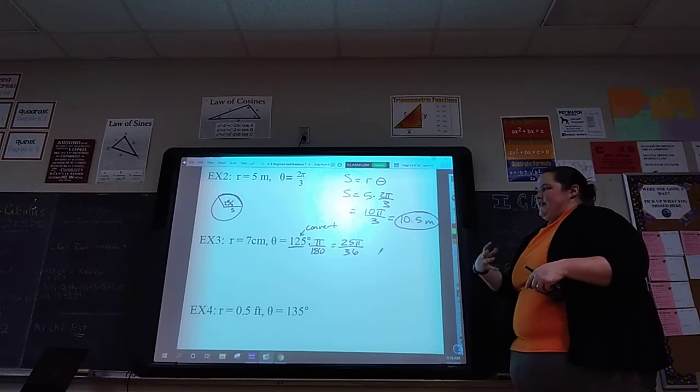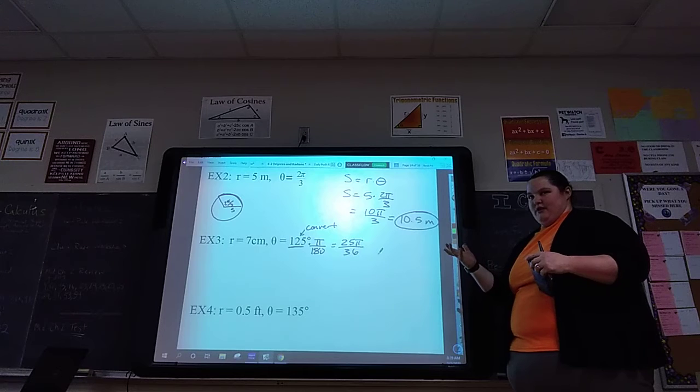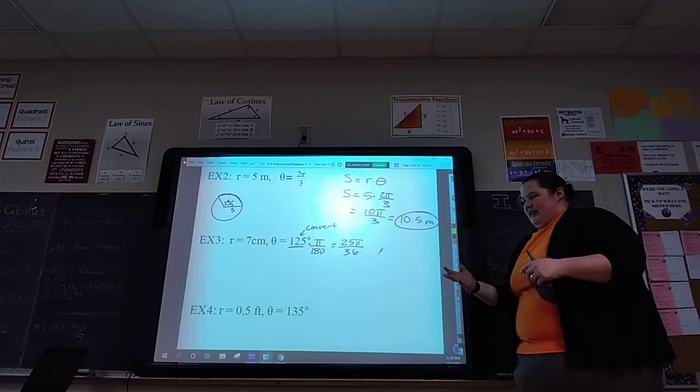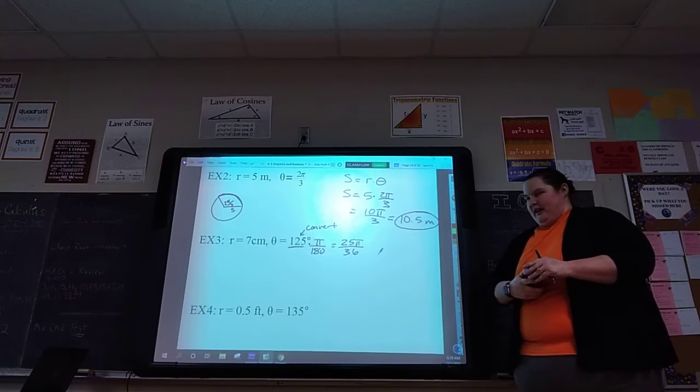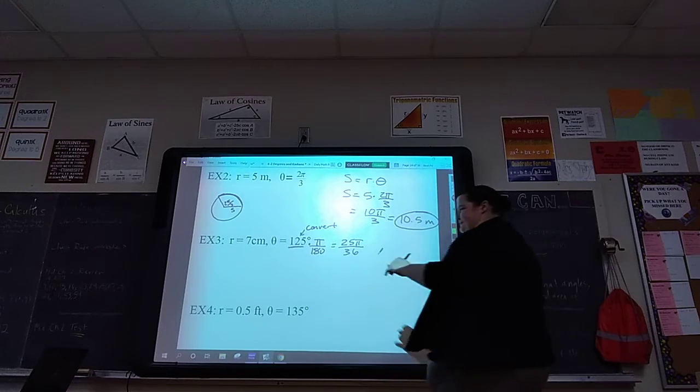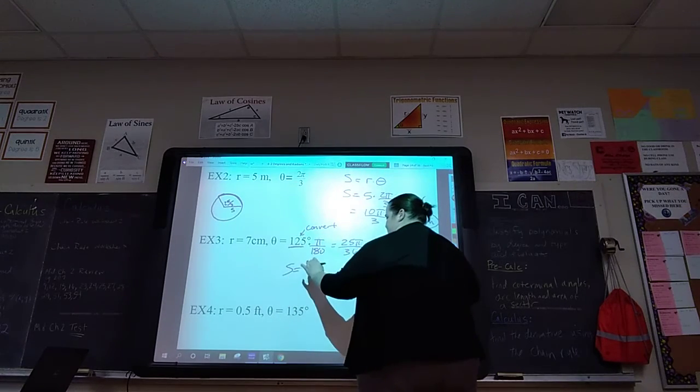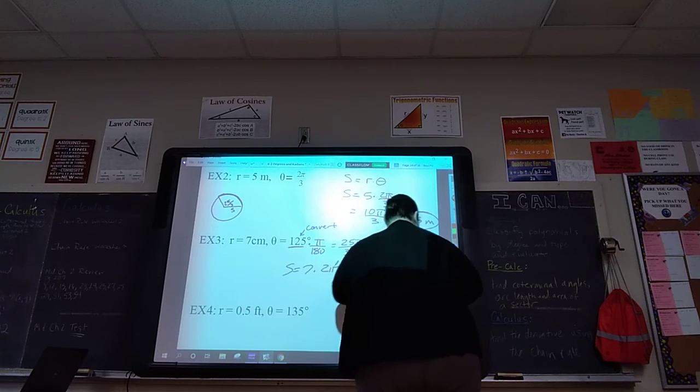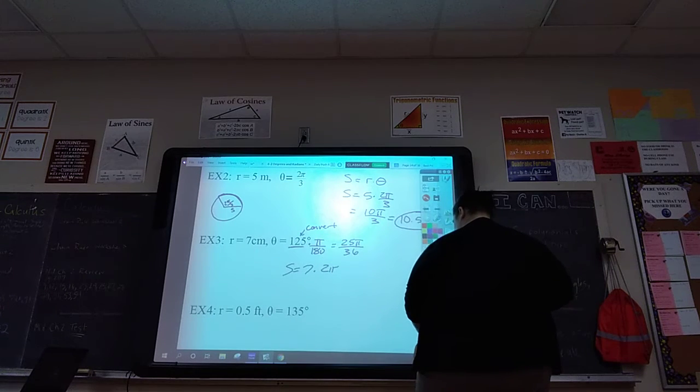So unless the only direction you have is to convert, if you don't quite get it in simplest form, that should be okay. Does that make sense? My arc length is my radius, which is 7, times my radian. I simplify that to 25 pi over 36.